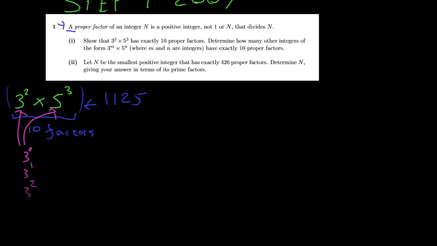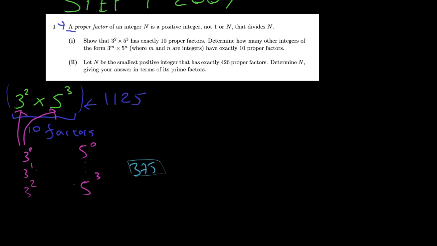Over here with 5, you have 5 to the 0, 5 to the 1, 5 to the 2, or 5 cubed. And by some combination of those, we end up getting a factor. For example, if we choose 3 and 5 cubed and multiply those together, we have a factor, and that factor is going to be 375.